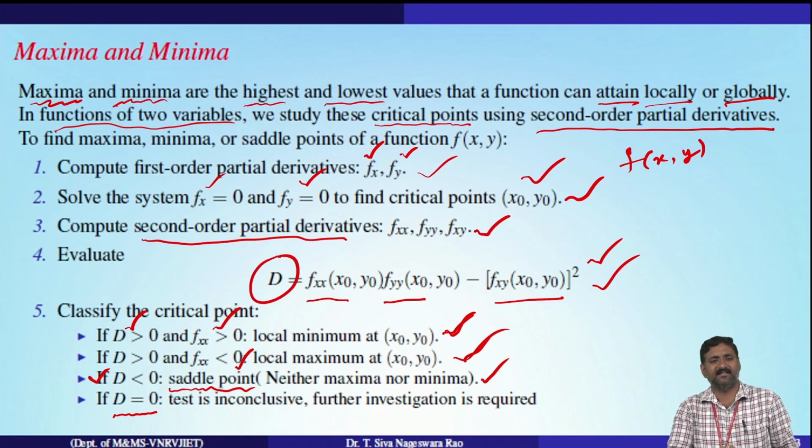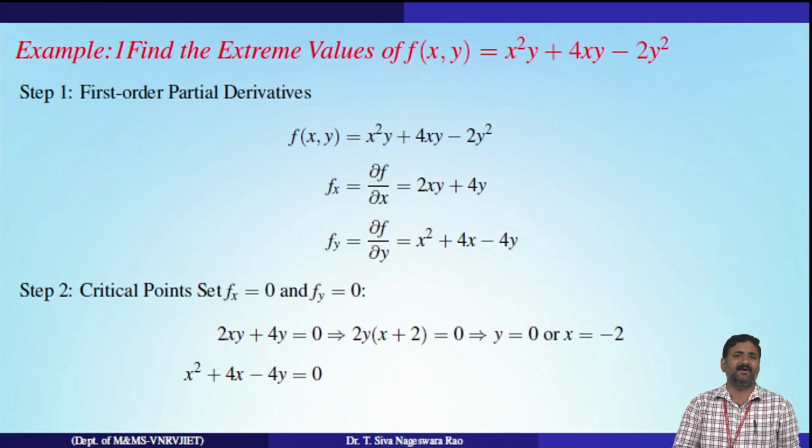Now we will see what further investigation is. So these are the conditions to decide whether the function has a maximum value, a minimum value, or a saddle point at the critical point, or further investigation is required.